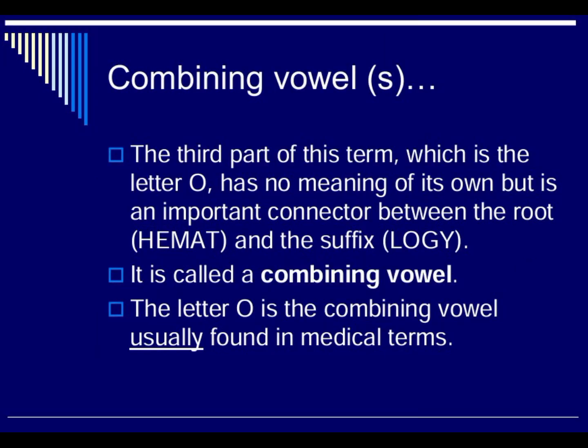Now coming to the combining vowel, the third part of this term, which is the letter O. It has no meaning of its own but is an important connector between the root hemat and the suffix logy. It is called the combining vowel. The letter O is the combining vowel usually found in medical terms.